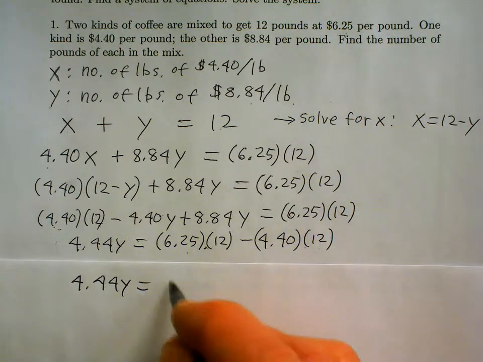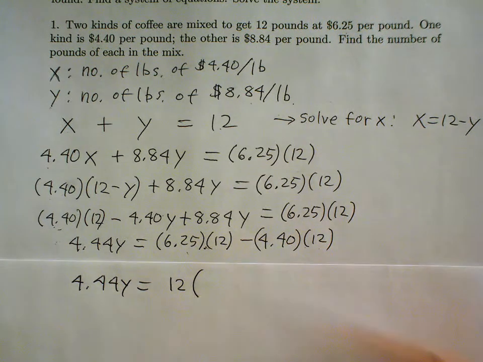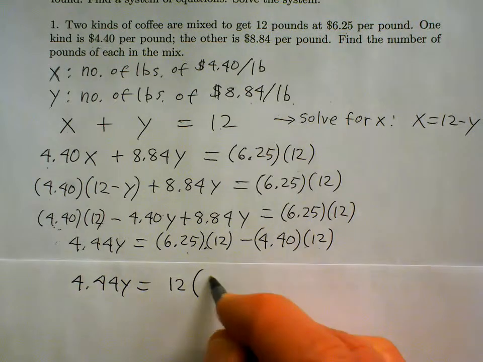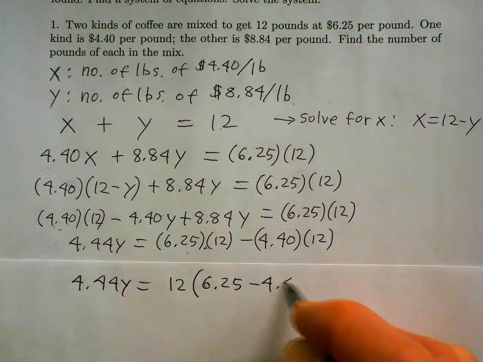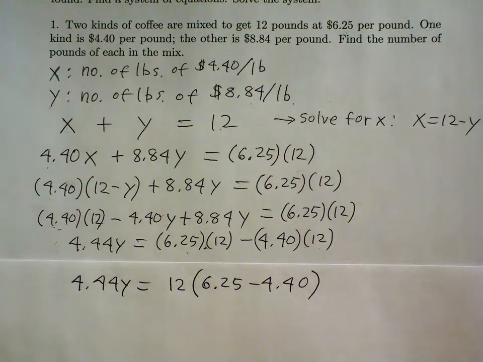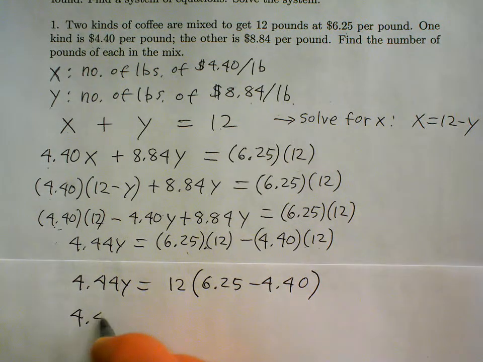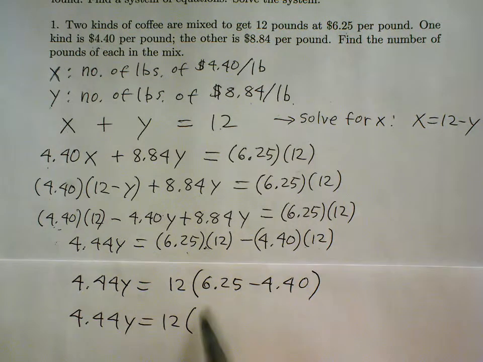So if I factor 12 out, then I have 12 times 6.25 minus 4.40. And 6.25 minus 4.40, that is 1.85, I believe.